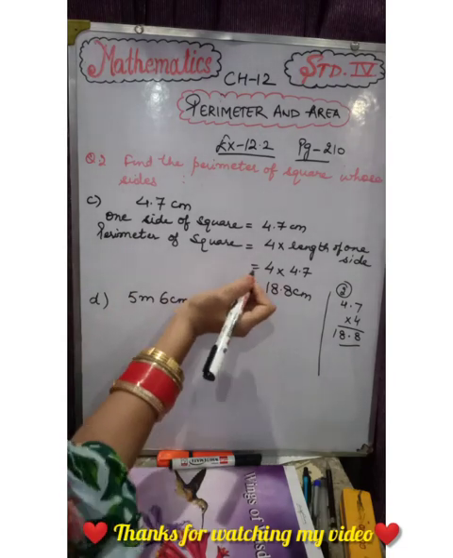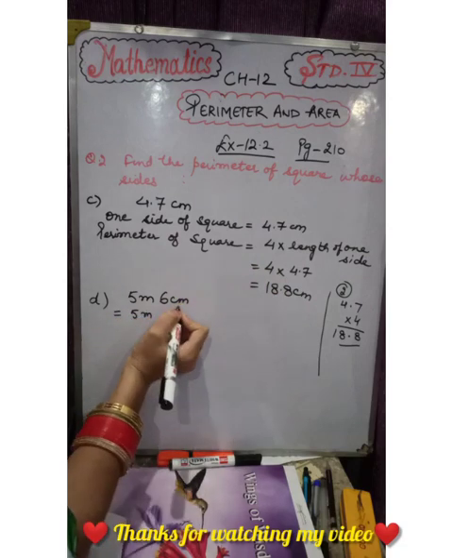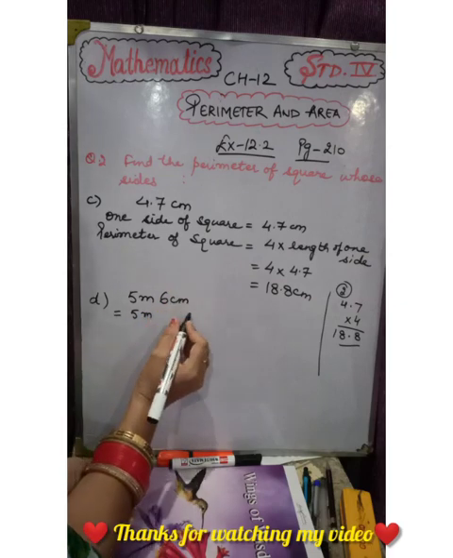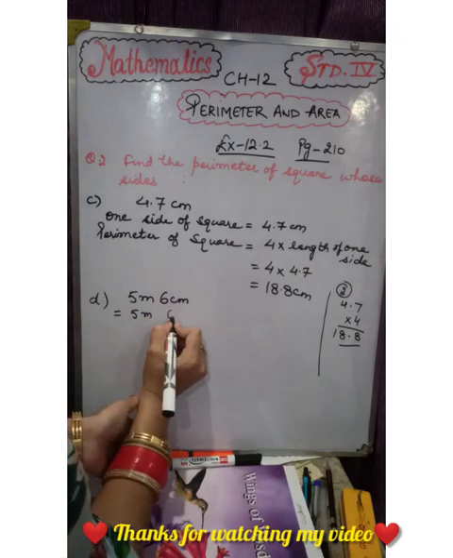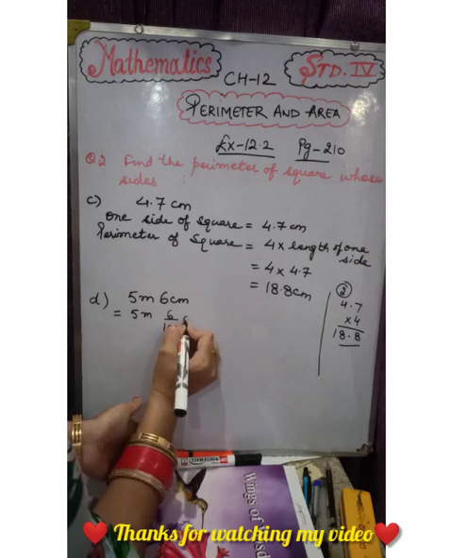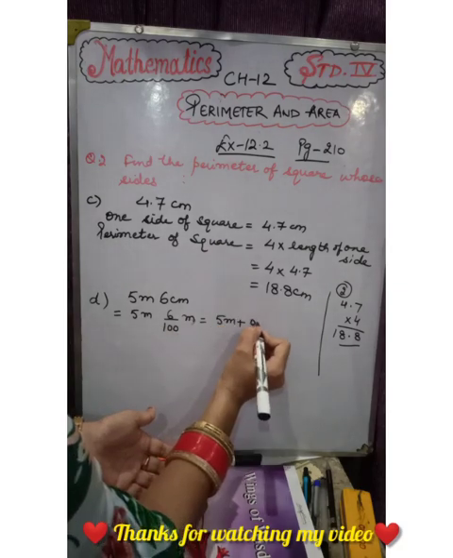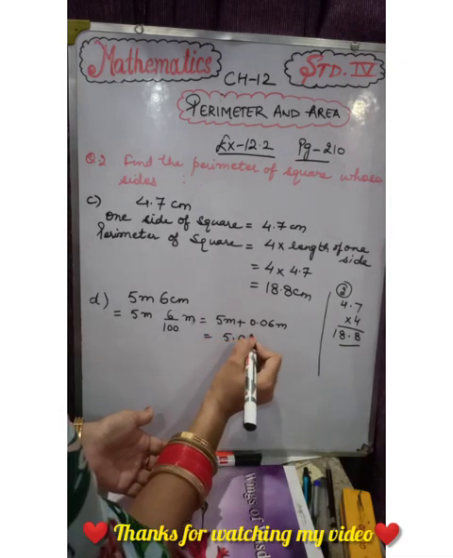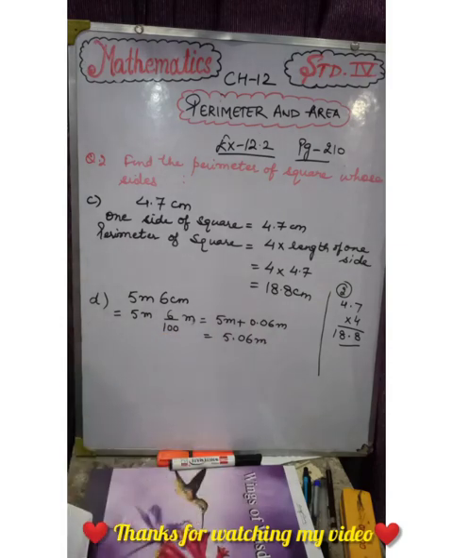We will convert it into meter. 5 meter, this is 6 divided by 100 meter, that is 0.06 meter. When we will add it, 5.06 meter. How this came? 6 upon 100.